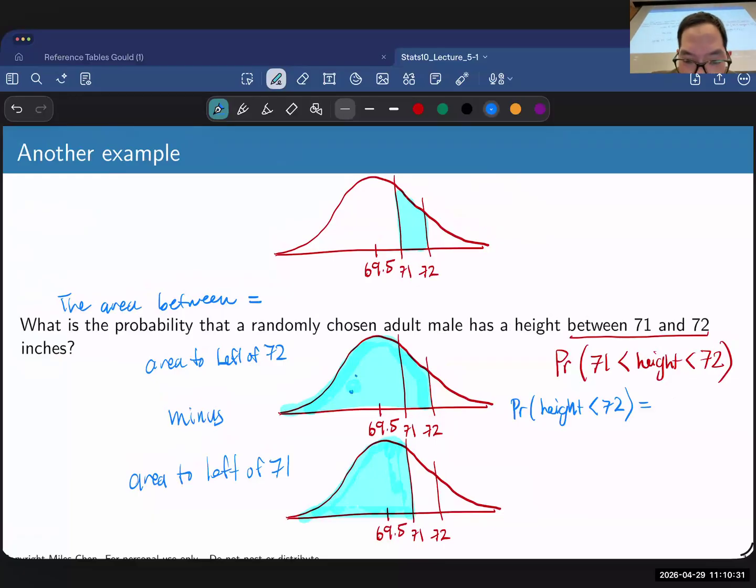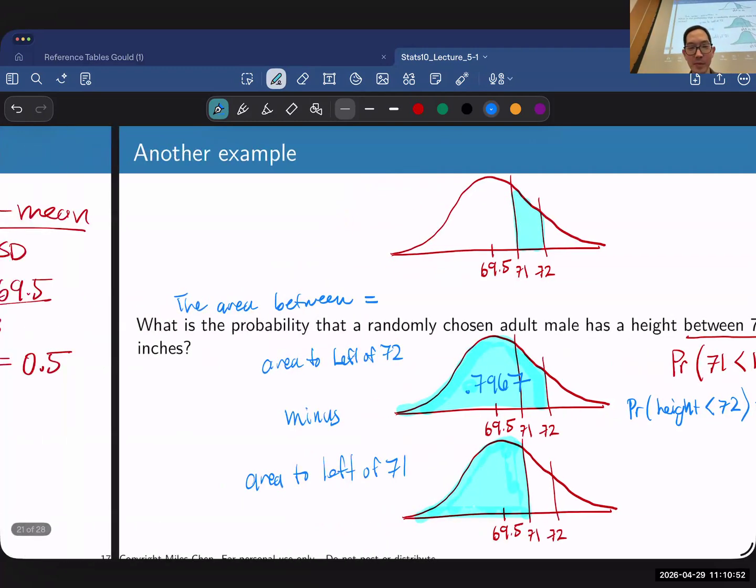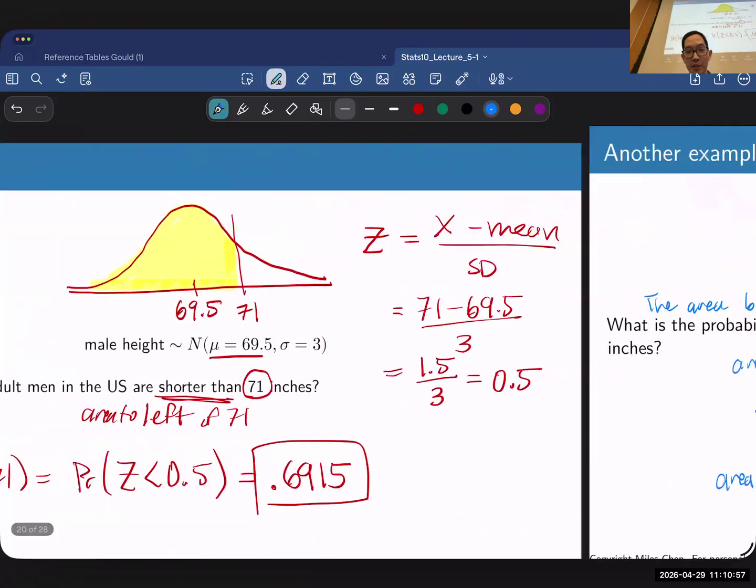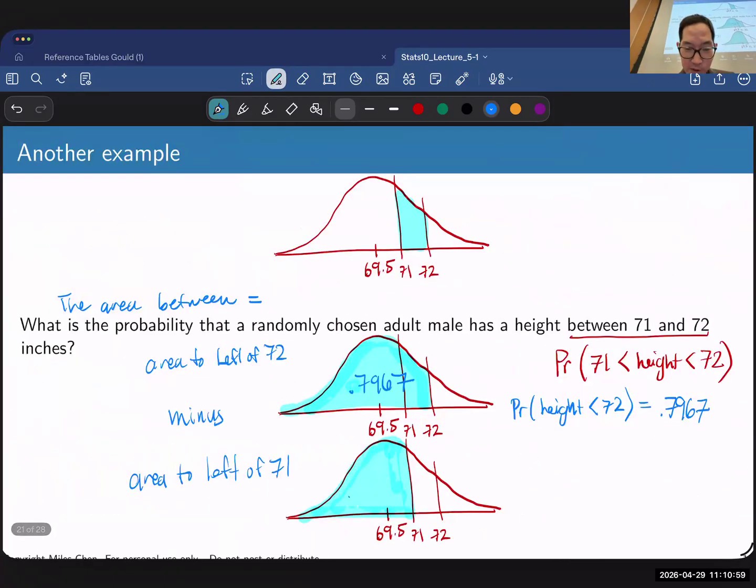So that's this 0.7967. And then the area to the left of 71 is 0.6915.